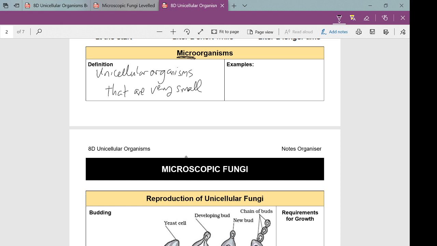And we have some examples such as bacteria, fungus, and protists. Protists are our main ones. So we're going to talk about fungus first, what fungus are.